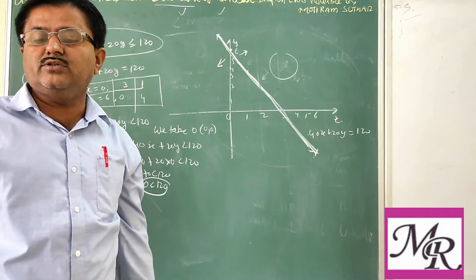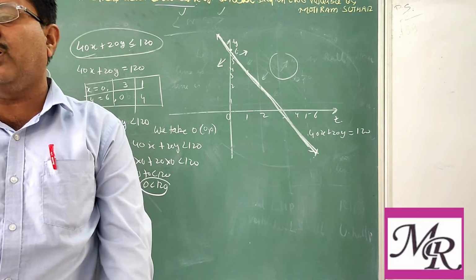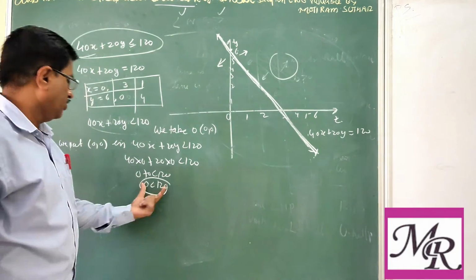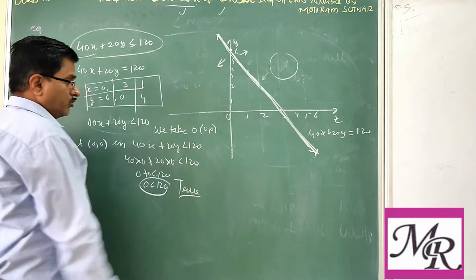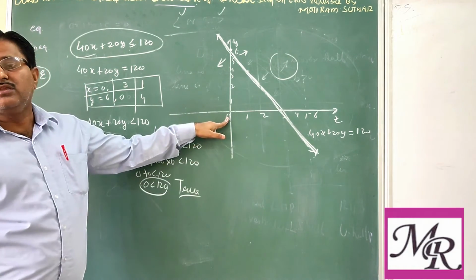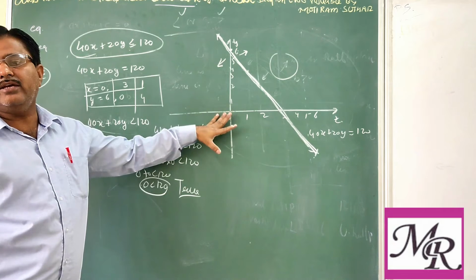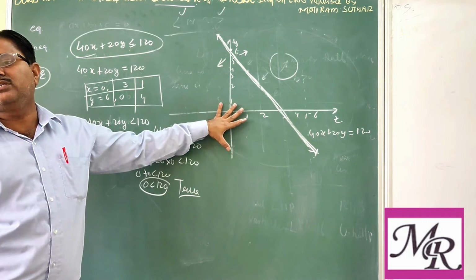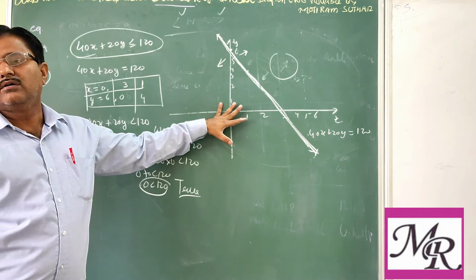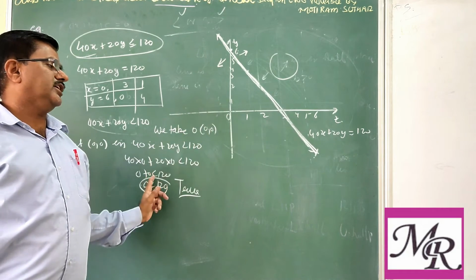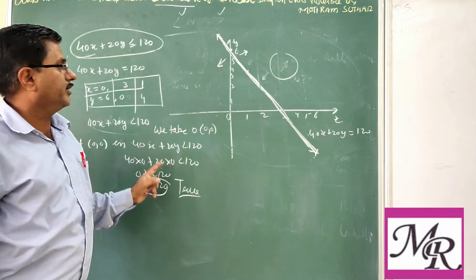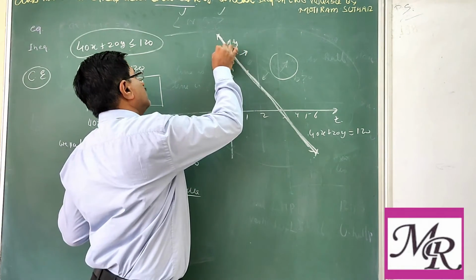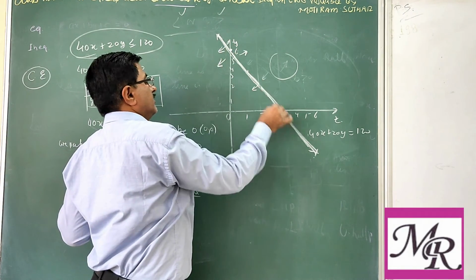We know that 0 is always less than 120. It means this is a true or satisfied point. So true means this origin lies in the solution region. This point satisfies this, so this is one of the solutions. It means the solution will be toward this side.